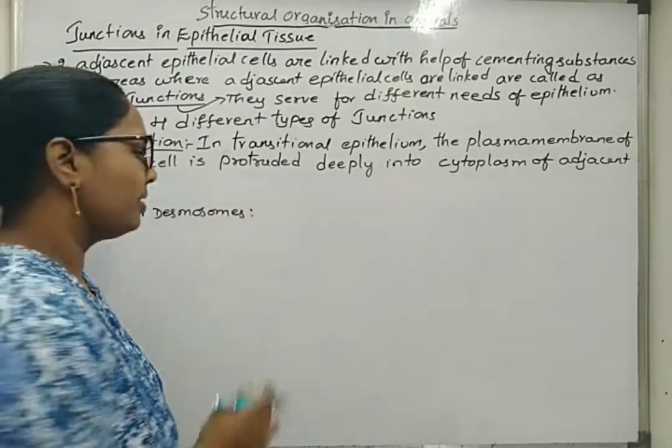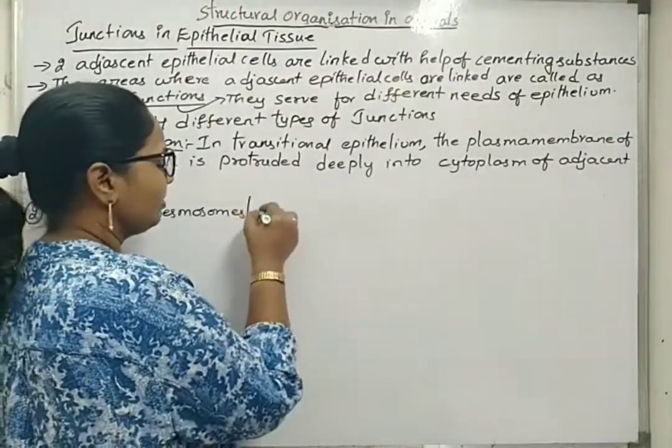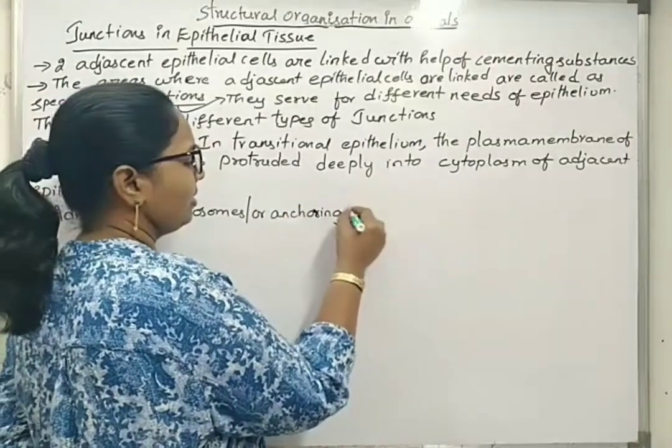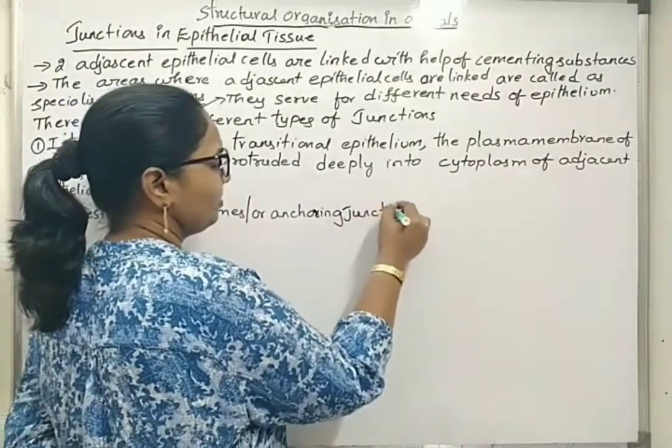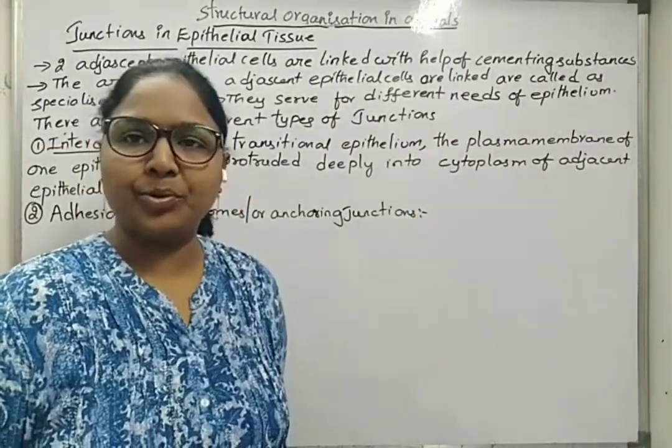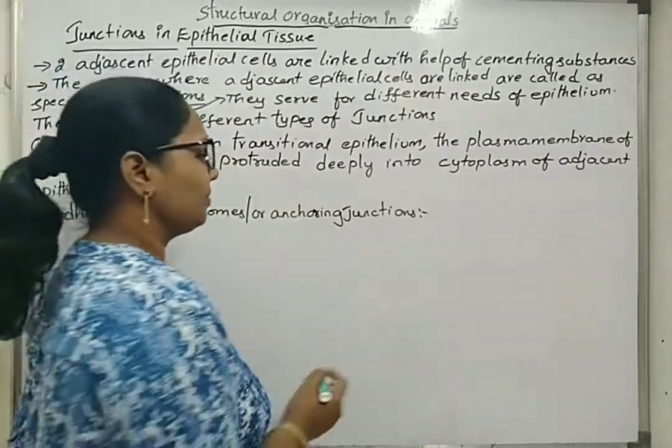These are also given other terms like anchoring junctions. These are mainly used to give mechanical support to the epithelial layer.